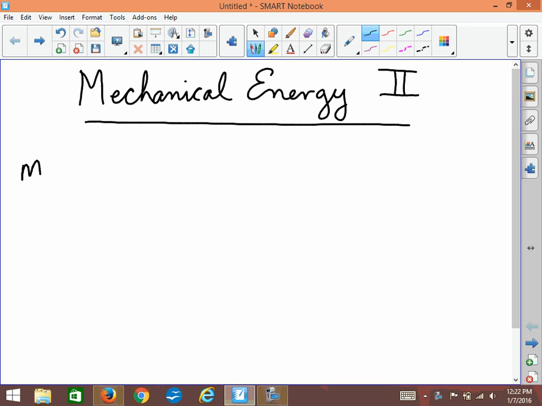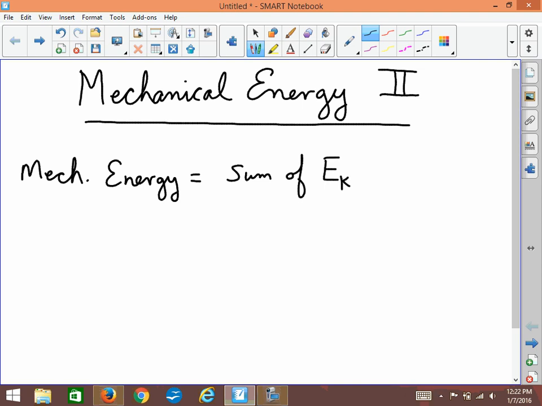Remember that mechanical energy is equal to the sum of the kinetic energy that something has, EK, and the gravitational potential energy, which I call EG, to remind us that these are all forms of energy. So we sometimes can write this as E mechanical equals EK plus EG.